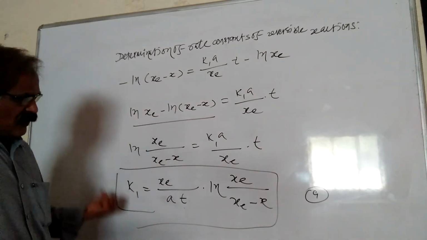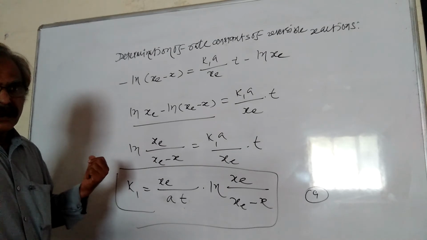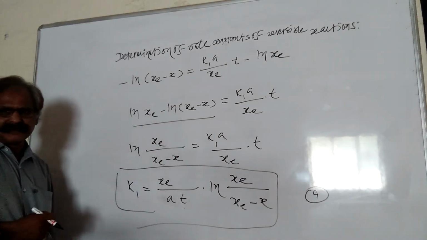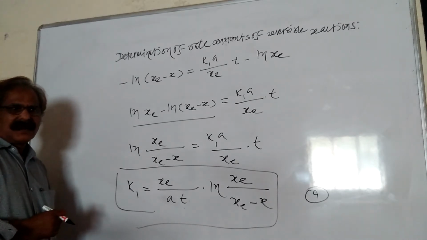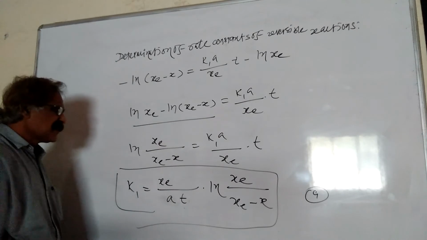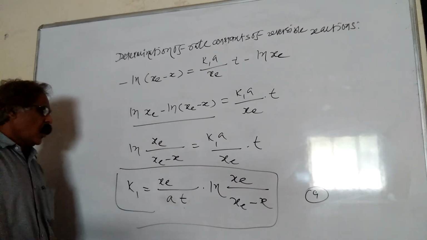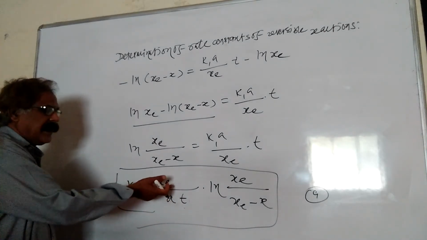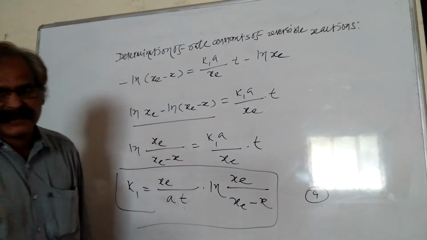In this way, we will see that the rate constant of forward reaction k1 can be very easily determined knowing the values of t, xe and x.